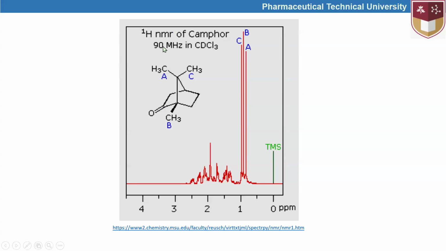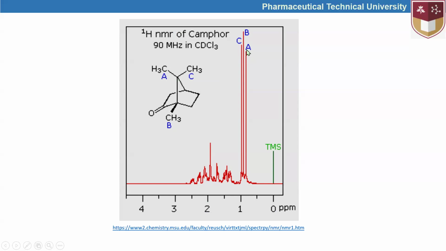Okay, this is the hydrogen NMR results of camphor, methyl groups A and C. They link to this carbon, and this carbon has linkage with four other neighboring carbons, and it has no hydrogen.